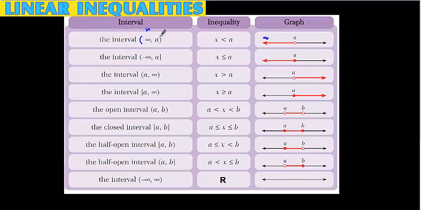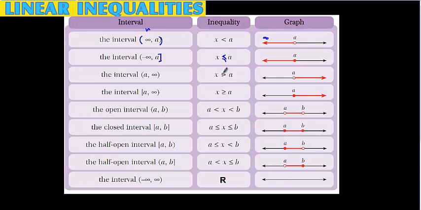When it is less than or greater than sign, you are using an open parenthesis for that one. If it is less than or equal to, you are using a closed bracket for that one. Less than or equal to means closed.